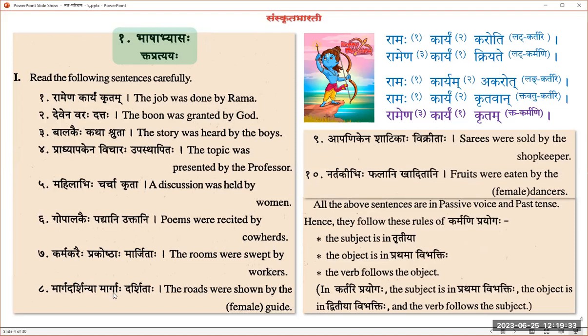Margaha, see, Pullinga. Margaha, Margau, Margaha. We learn now. Everywhere we see an example, we should try to remember the linga. Okay, so it's not Margani, it would be Margani if it were neuter, but it is Margaha. So Pullinga shabda. Darshitaha. So by the lady guide, the roads were shown.